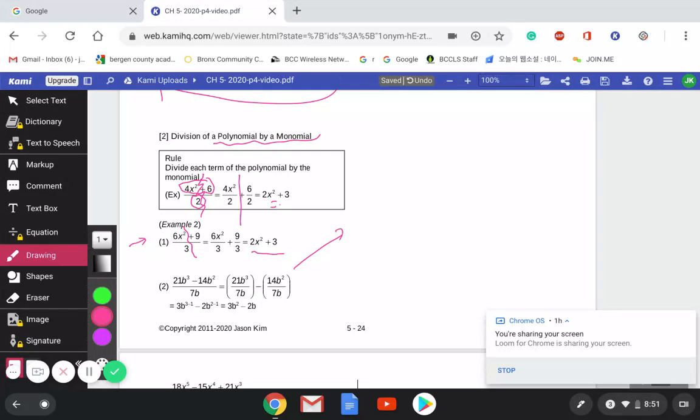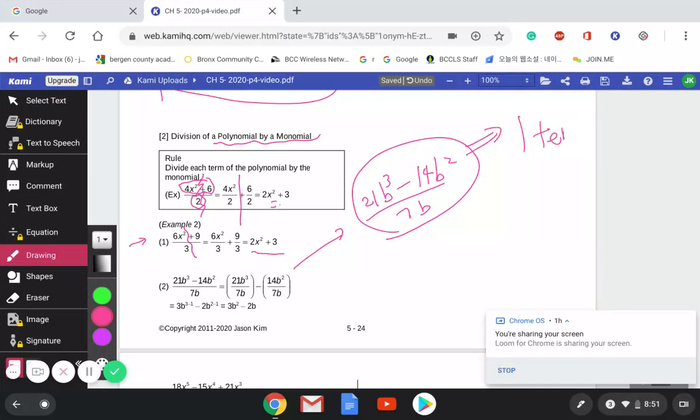Again, when you have 21b cubed minus 14b squared divided by 7b, by the way, this whole thing is one term. I hope you realize that, because when you have a long division sign like this, that makes it one group. So we call this one group term. When you have a one group term like this, you separate them: 21b cubed over 7b minus 14b squared over 7b.